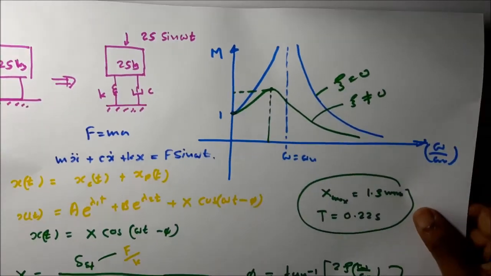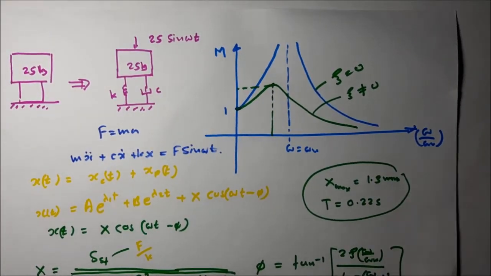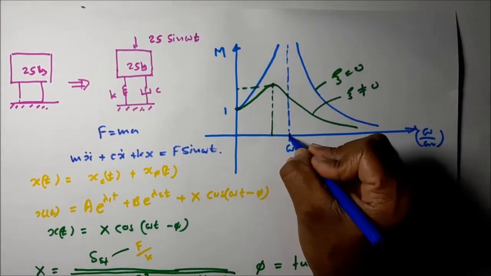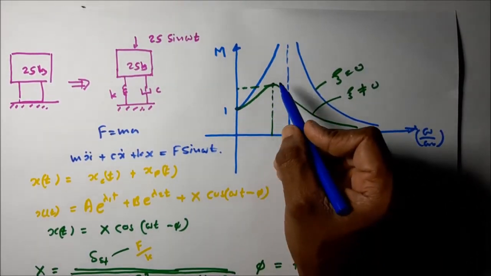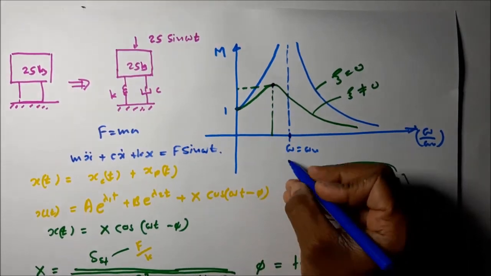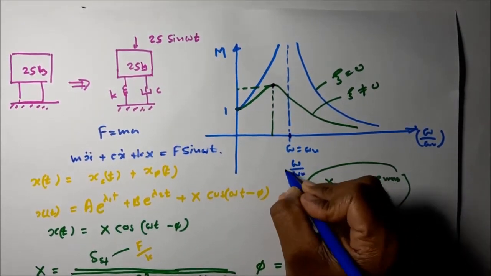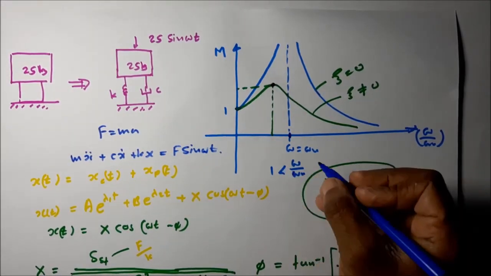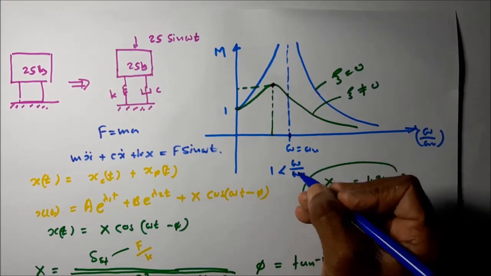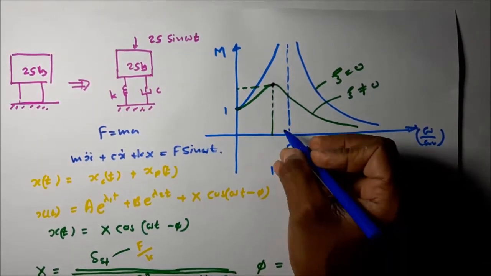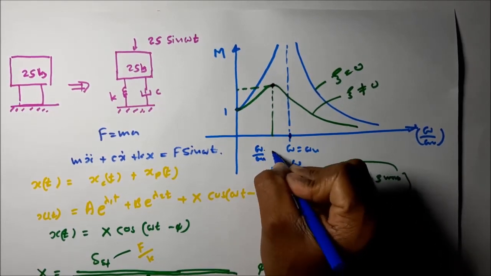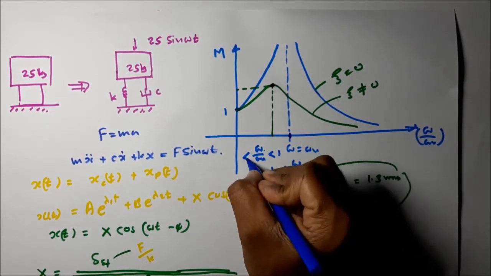When taking the frequency ratio, you can see this maximum always occurs in the situation where omega divided by omega n is less than 1 and greater than 0.